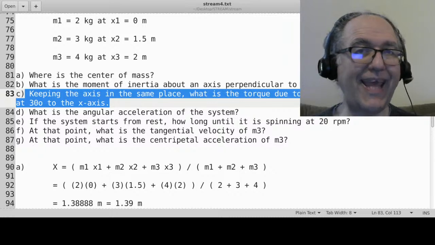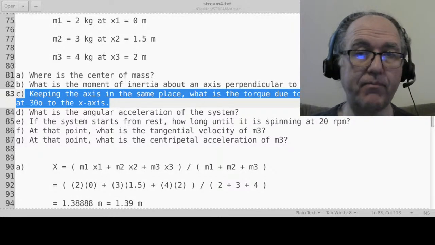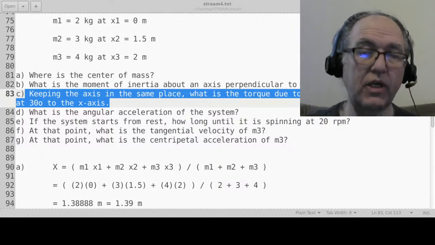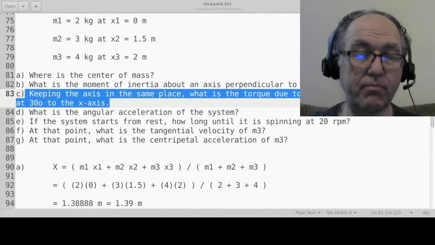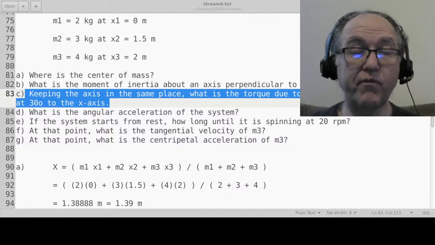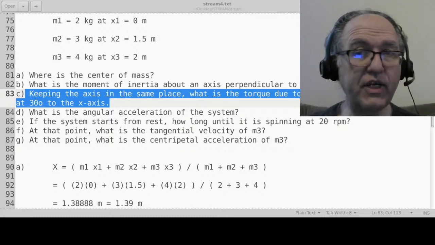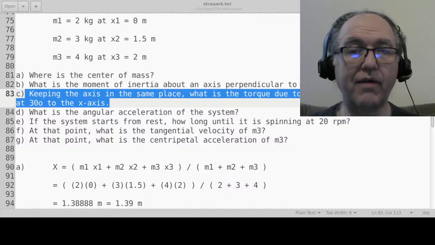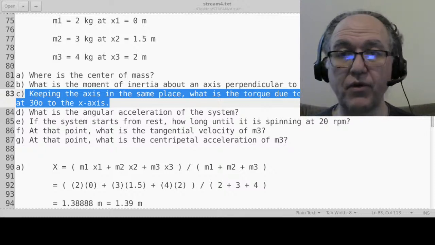Keeping the axis of rotation perpendicular to the x-axis, we're going to push with a force of 4 newtons at 30 degrees, and you're going to get a torque of 3 Newton meters.